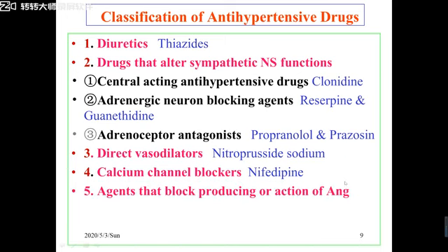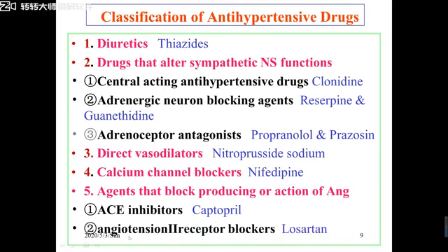The last part of the antihypertensive drugs are those that inhibit the renin-angiotensin system. Two inhibitors: ACEI, where the prototypical agent is captopril, and ARB, angiotensin II receptor blockers, where the prototypical agent is losartan. So next class, we will study these five kinds of drugs to treat hypertension.